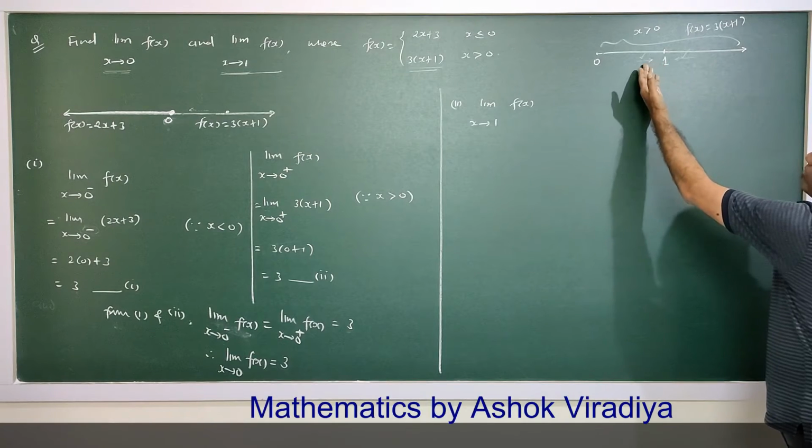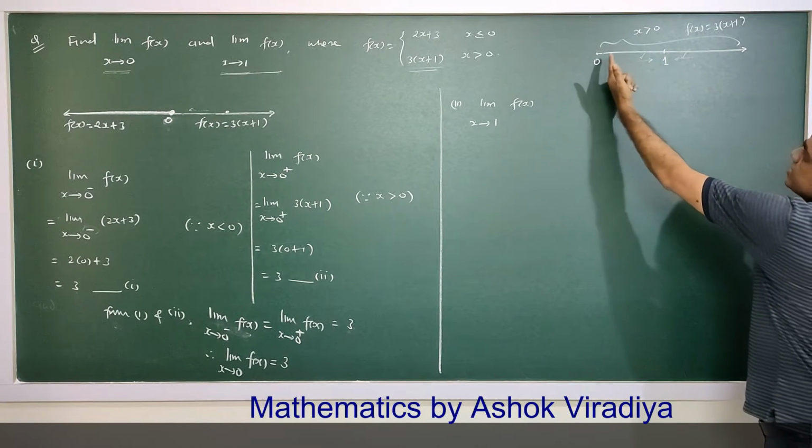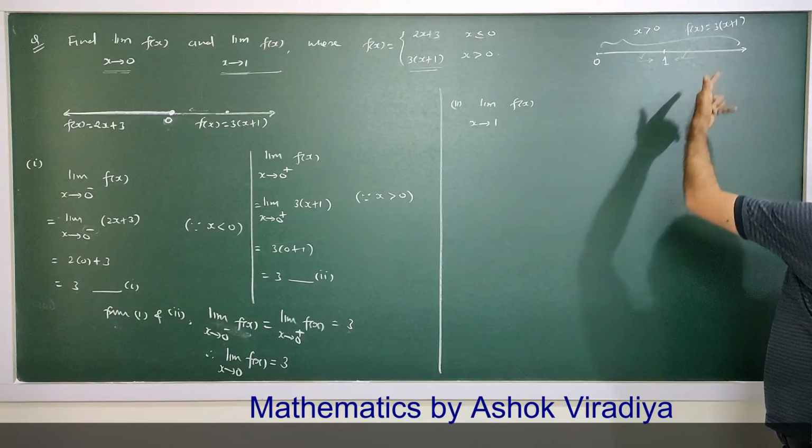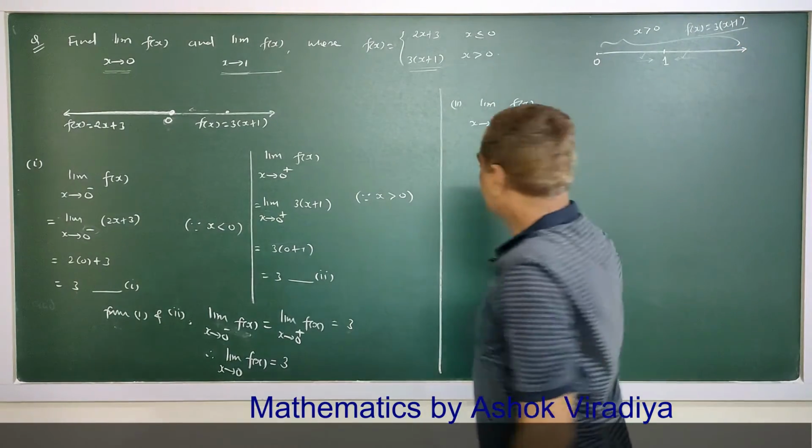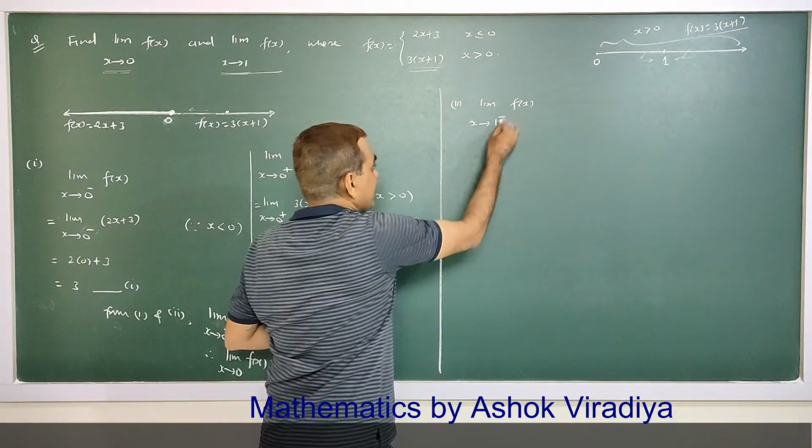So, in both the intervals, x is positive. So, in both the cases, we will use this formula. So, here, first of all, left hand limit.